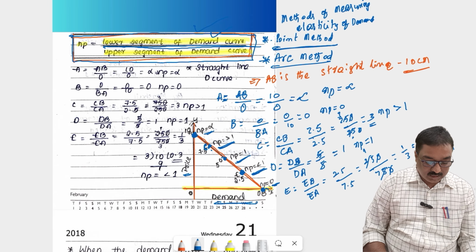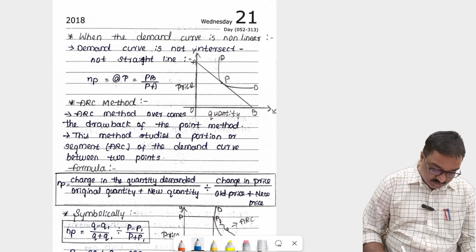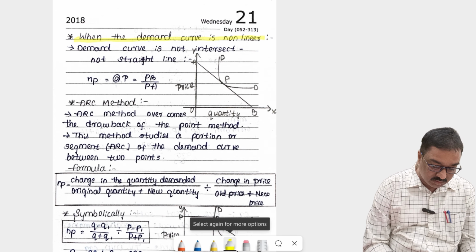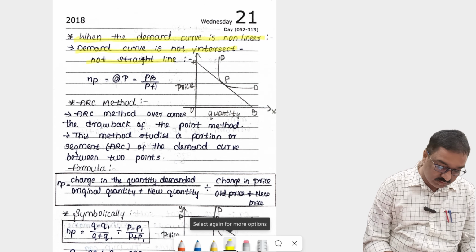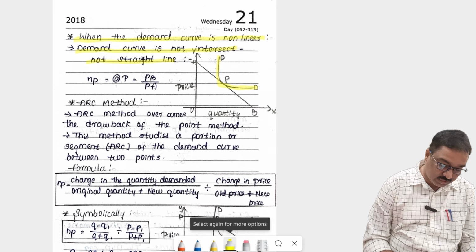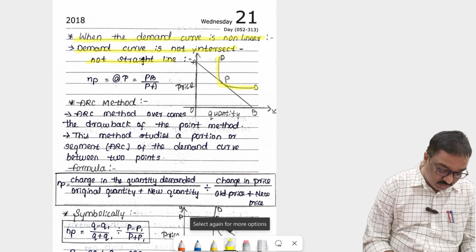This is called the point method. And listen here, when the demand curve is not linear, not a straight line, it is a U-shaped curve, there is also one formula.